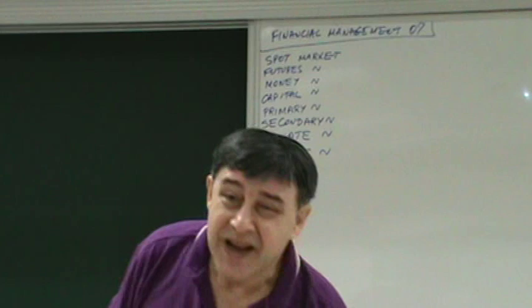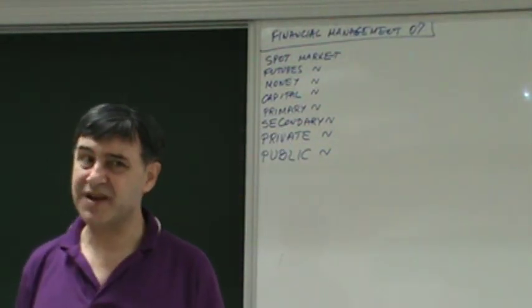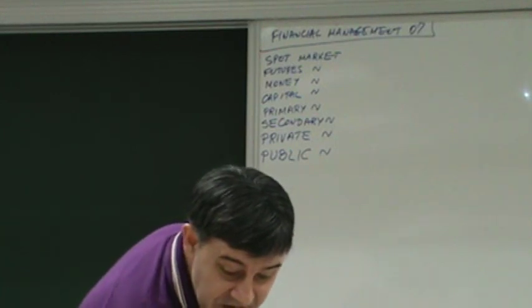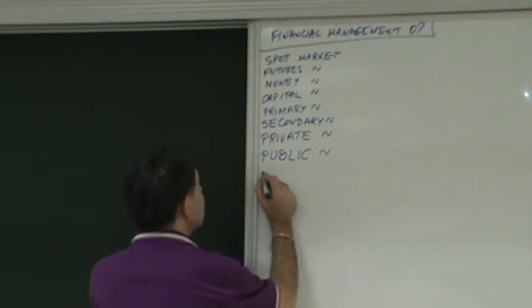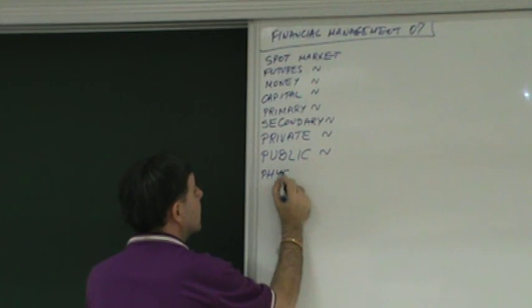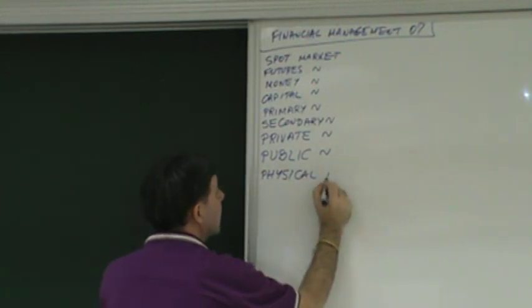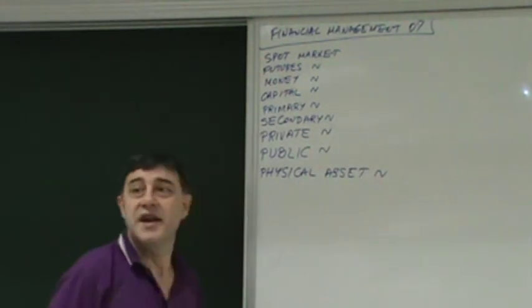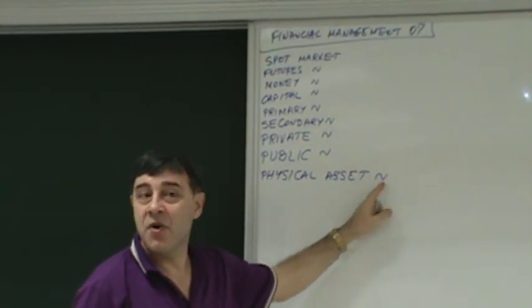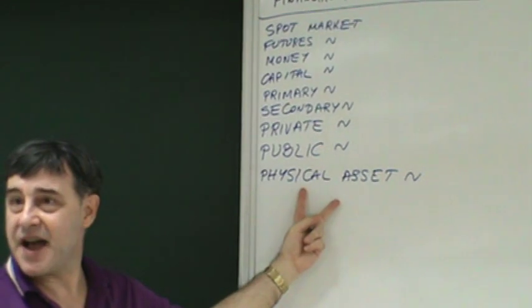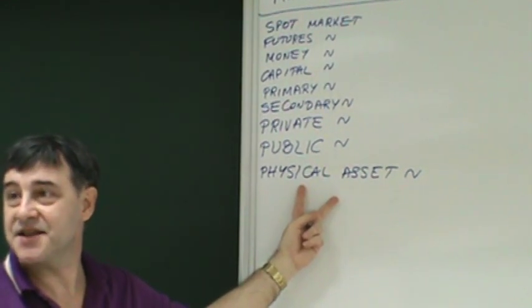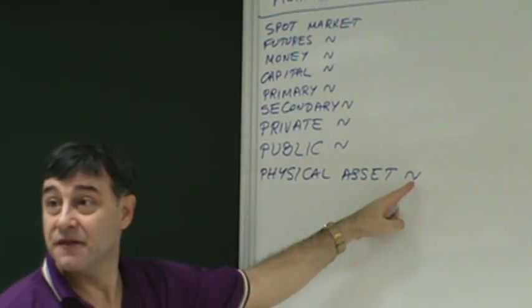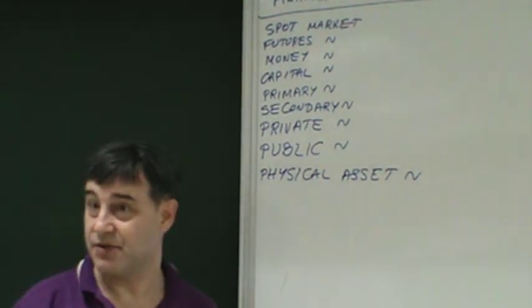And it's a little tricky, this one. It's a little tricky because they have what's called in the textbook physical asset market. It's simply a market where physical assets, the same as real assets, are traded. Okay, so this is the market for real assets.